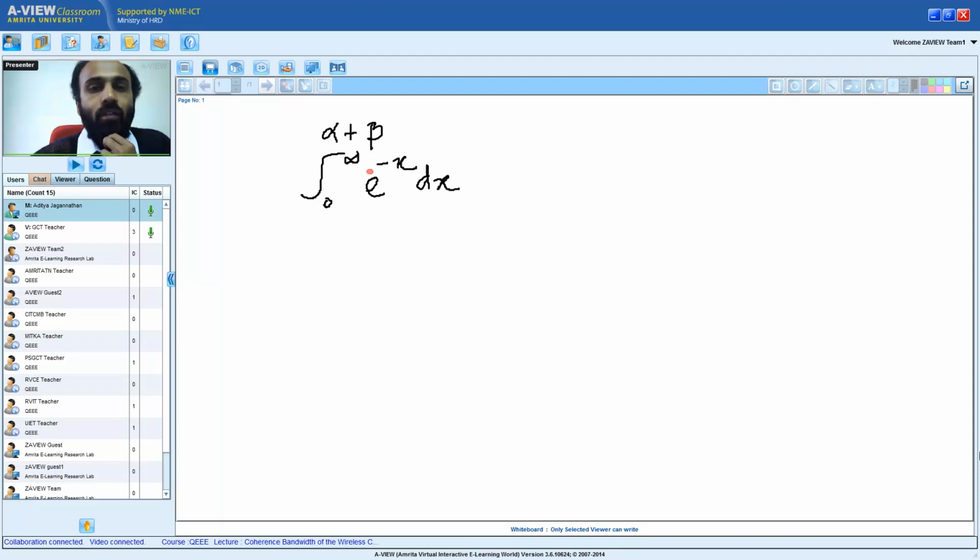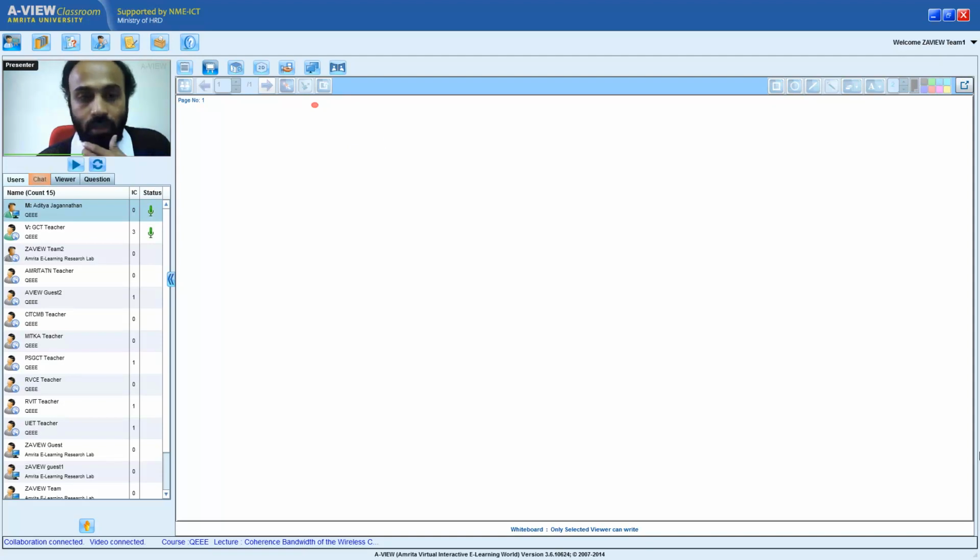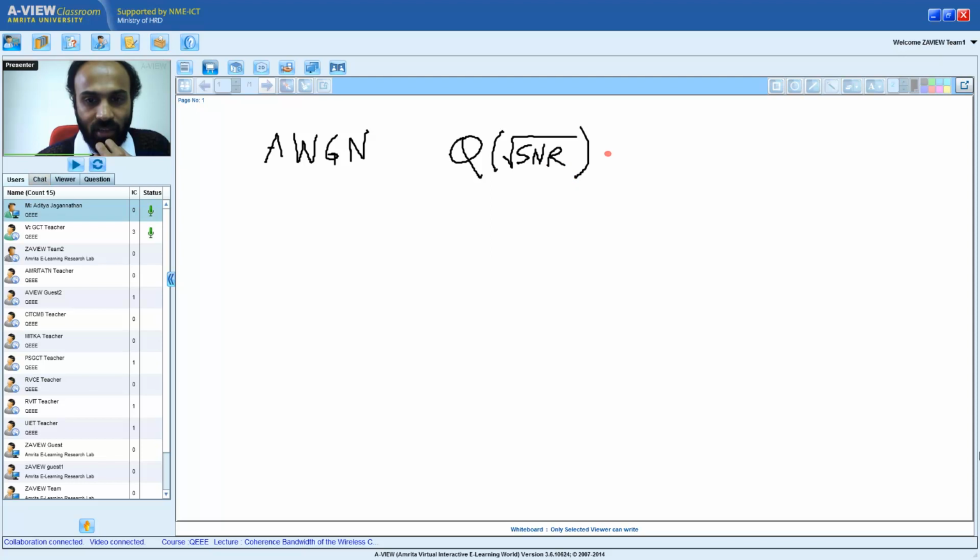First we looked at the bit error rate of a digital communication system, and we said the bit error rate of an AWGN channel or a conventional digital communication system is equal to Q of square root of SNR, which can be approximated as half e to the power of minus half SNR.